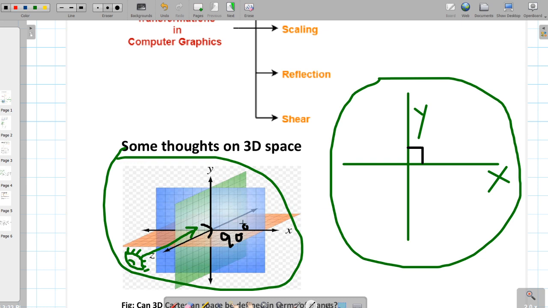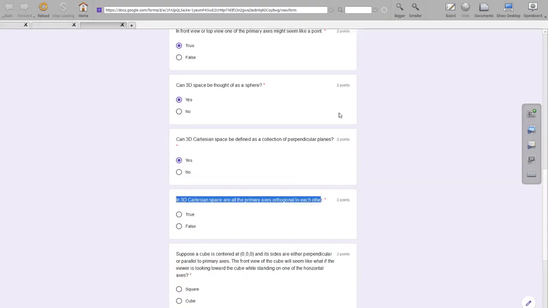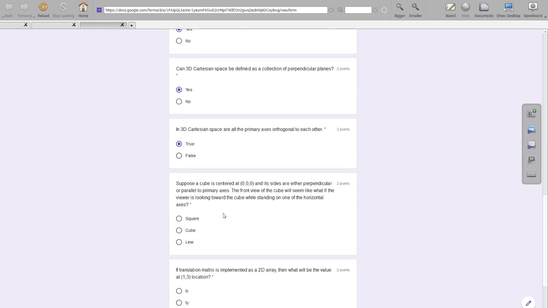Now in the 3D Cartesian system, the x, y and z axes, which are primary axes, you can see are perpendicular to one another. Lastly, x, y, y, z, and this is the angle between x and z. No, y and z, yes. So again, this is going to be true. They are indeed orthogonal to one another.